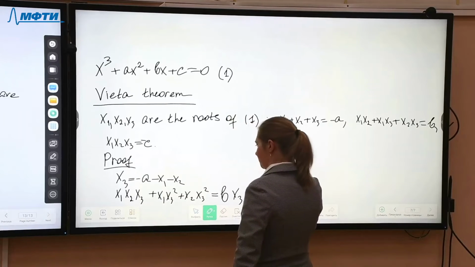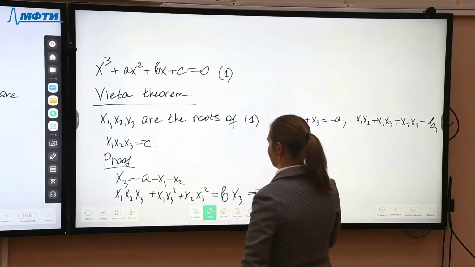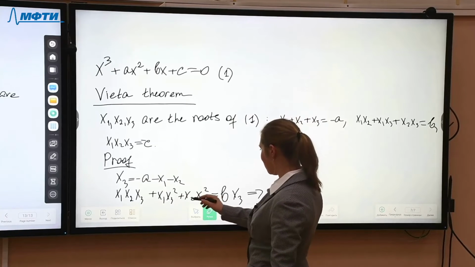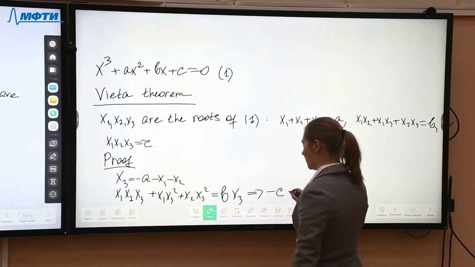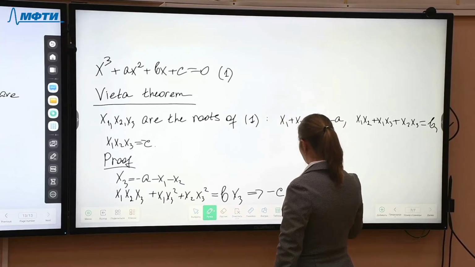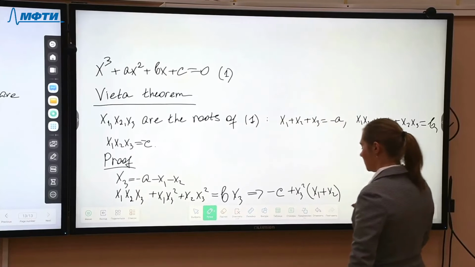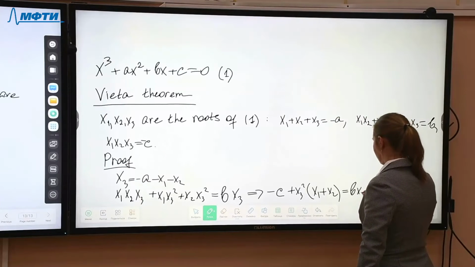So x1 x2 x3 is minus c. We can substitute it. Here we can take x3 squared outside. Here we have x1 plus x2, and it is b x3.